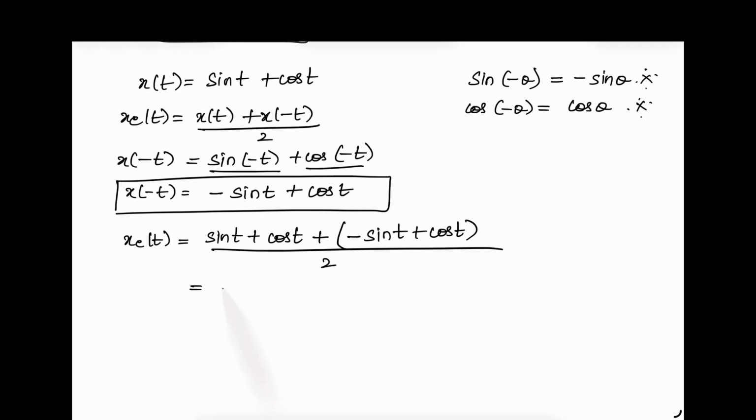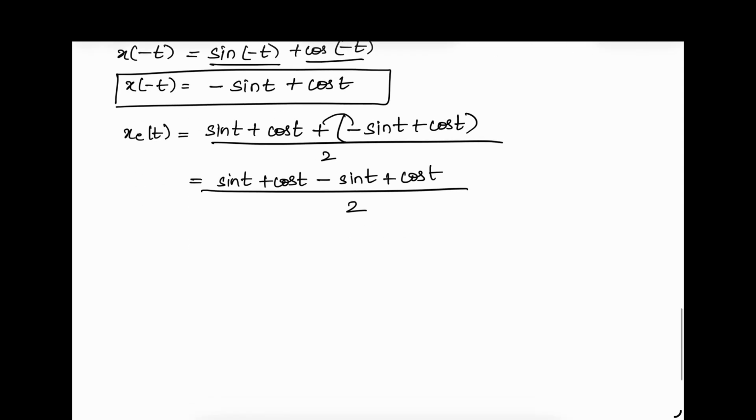Right. So this becomes sin t plus cos t. Plus into minus becomes minus. I have already told you this. And again plus into plus becomes plus, right? So this becomes plus cos t divided by 2. So what happens here?